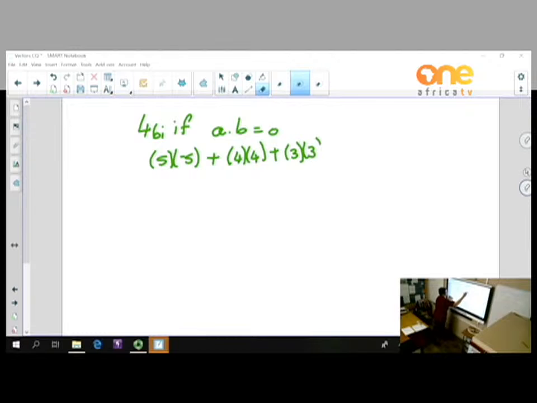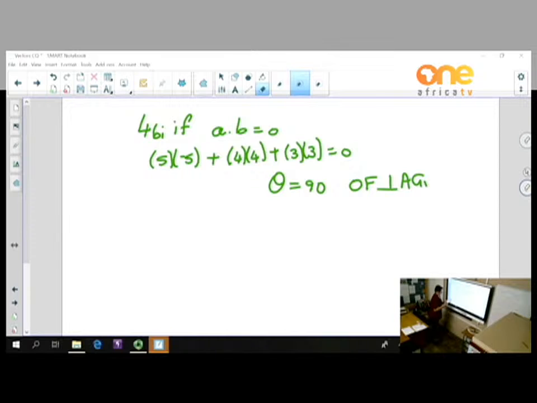And I have to show that this is equal to 0. So negative 25 plus 25 is 0. So that means theta is equal to 90 degrees, which makes OF perpendicular to AG.